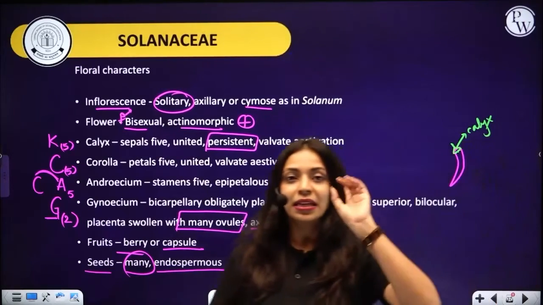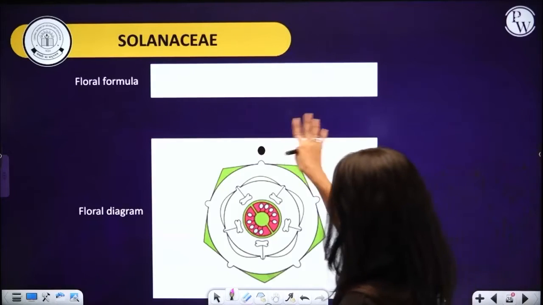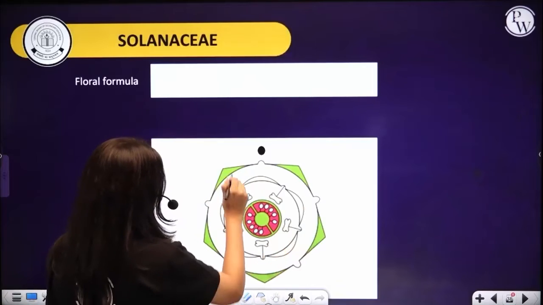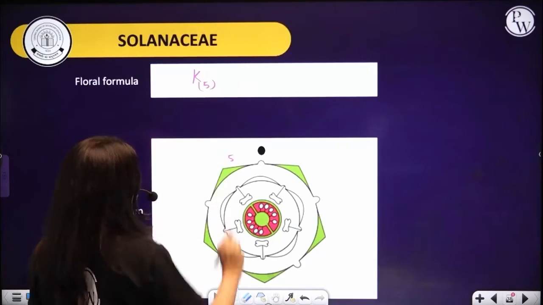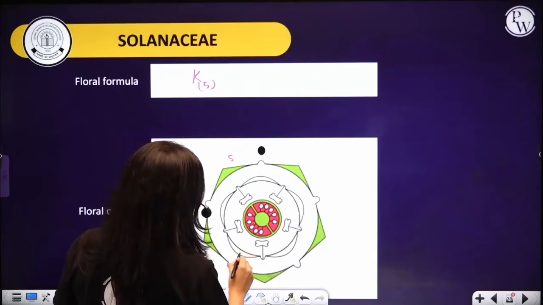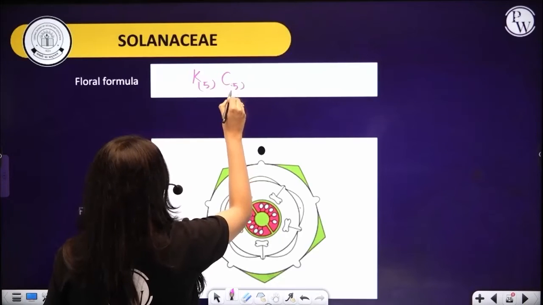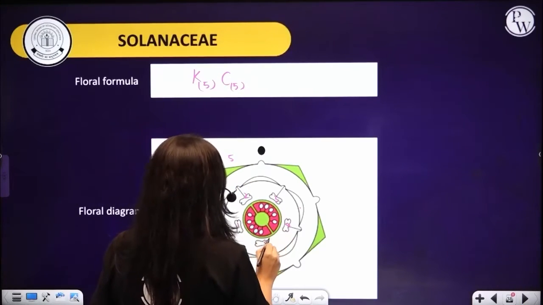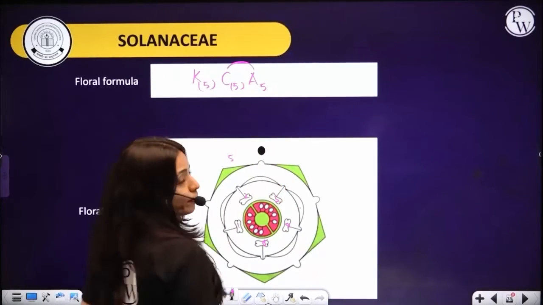Okay, now let's talk about the floral formula. We already saw that the sepals are 5 in number and they're fused. So K, 5, fused. Corolla, 1, 2, 3, 4, 5, 5 and fused. Androecium, 1, 2, 3, 4, 5, 5 in number, attached to the petals.